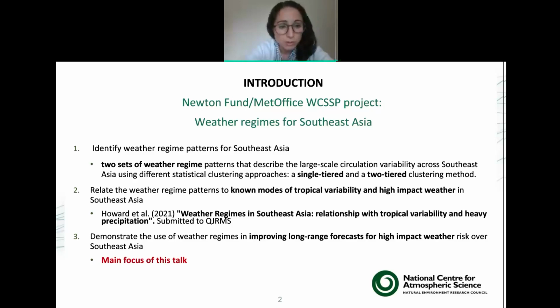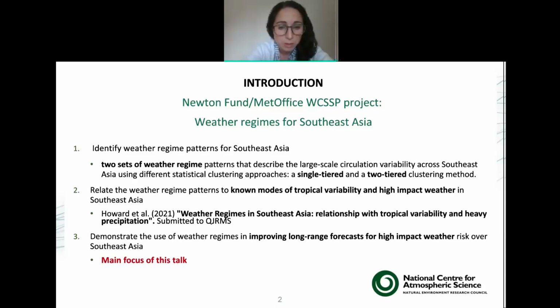And then the second objective was to relate those weather regime sets to known modes of variability over the region and their impacts, of course. And the results from those first two objectives are part of a manuscript that has been submitted to QJRMS.